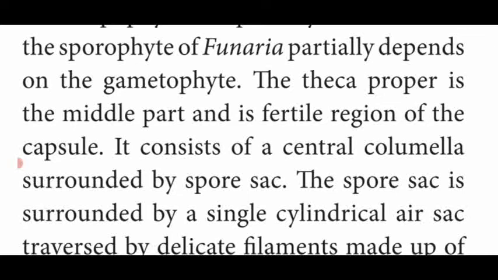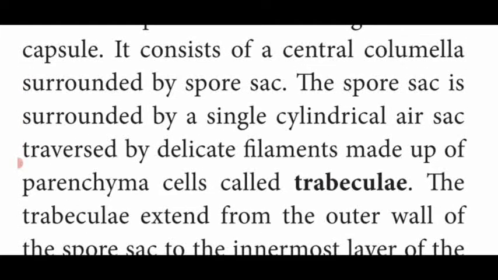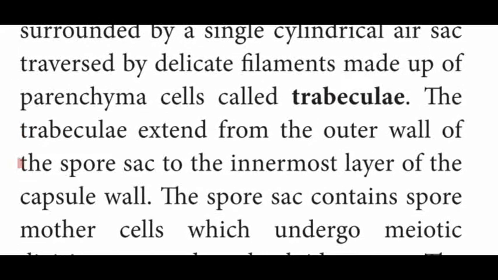The spore sac is surrounded by a single cylindrical air sac traversed by delicate filaments made up of parenchyma, known as trabeculae. These trabeculae extend from the outer wall of the spore sac to the innermost layer of the capsule wall.